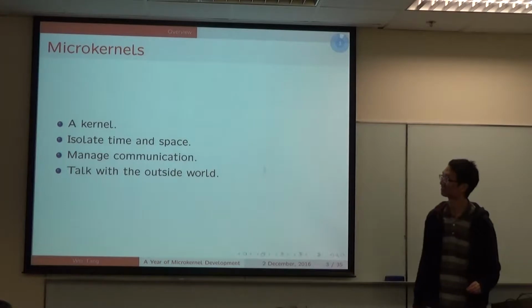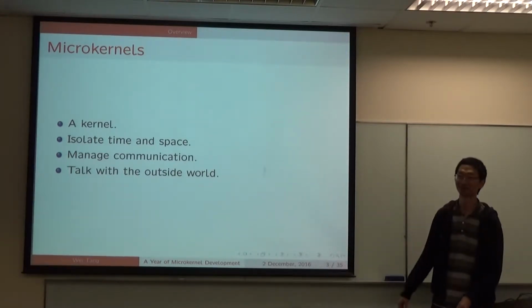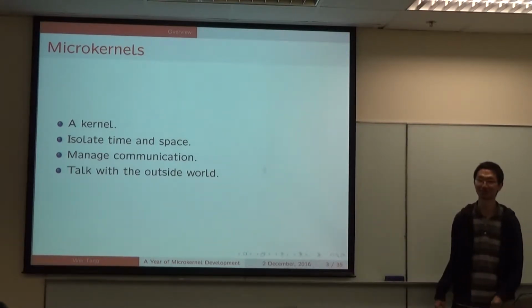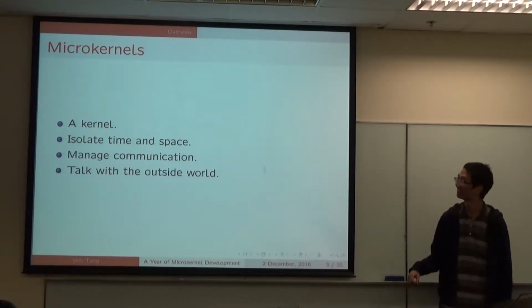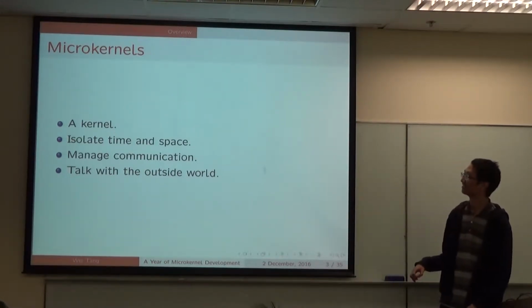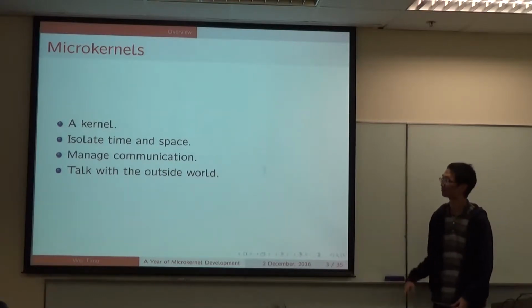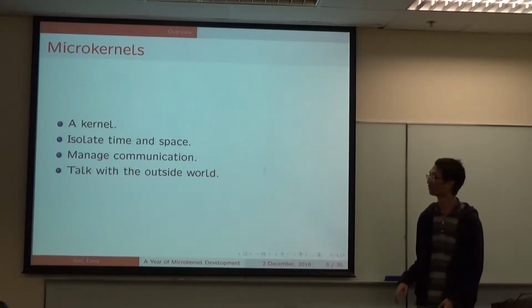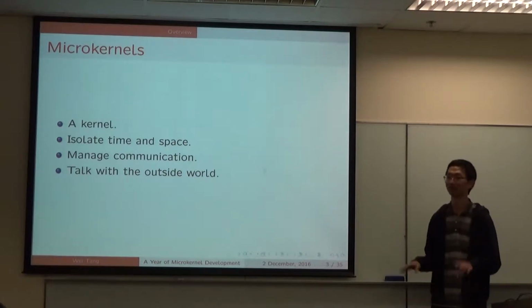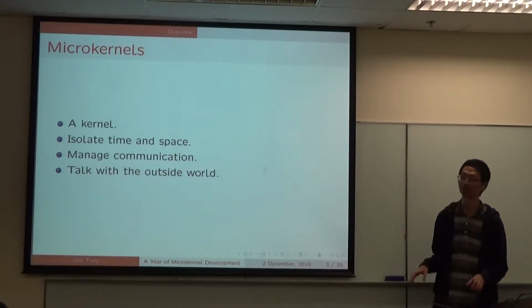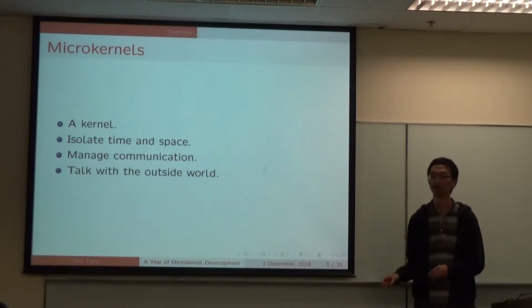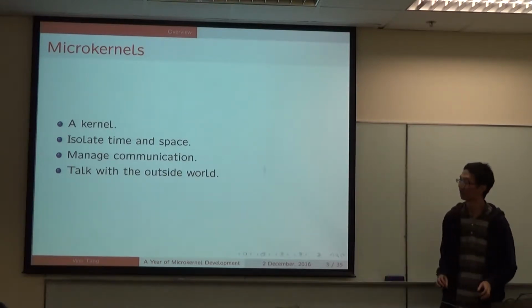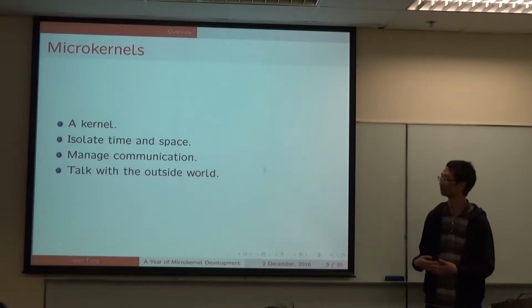So, microkernels. This contains a few slides from the last talk, so if you were here in January, just don't fall asleep. A microkernel is a kernel which tries to isolate time and space resources from different processes, and also manages communication between them.